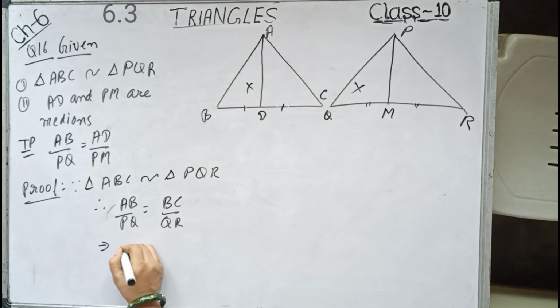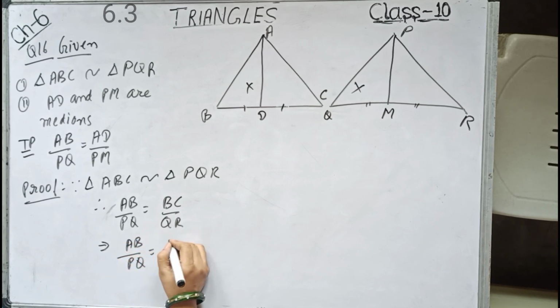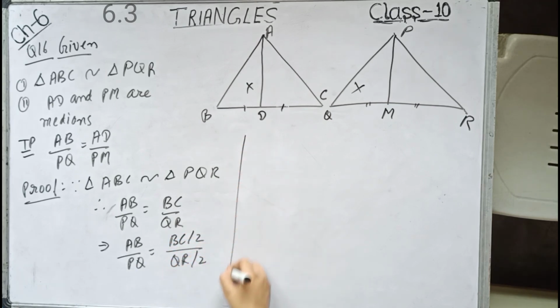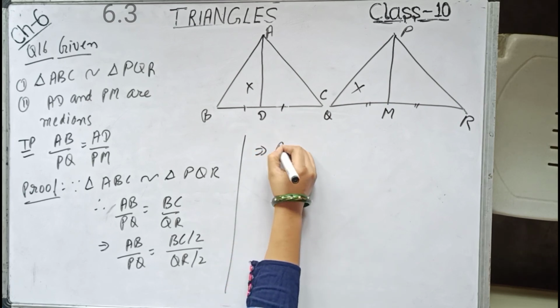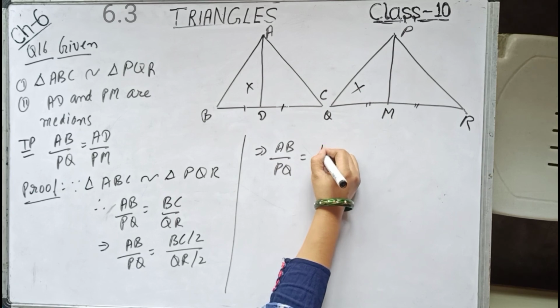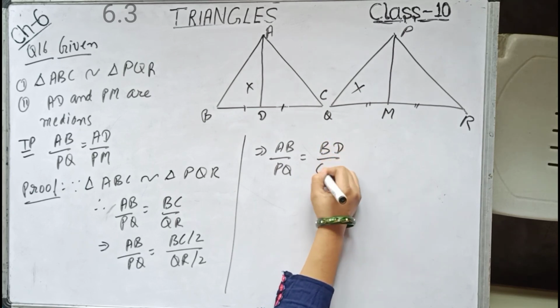This implies AB by PQ equals BC by 2 over QR by 2. We can divide by 2. This implies AB by PQ equals BD by QM.